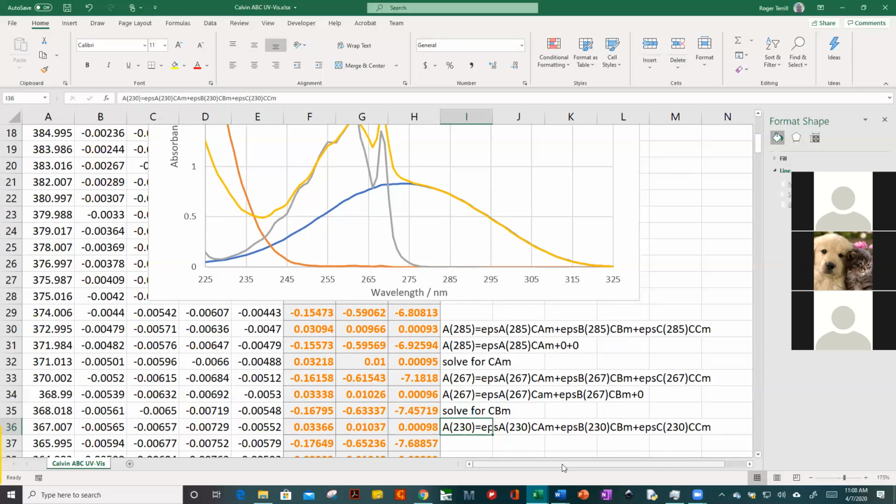So absorbance at 230, do we know that? Absorbance of the mixture at 230, so it should actually say A sub M at 230, but yeah. So there's the mixture at 230. So we know absorbance at 230, right? How about epsilon of A at 230 nanometers?